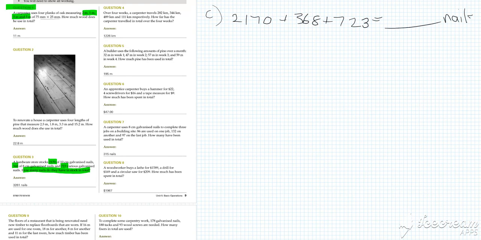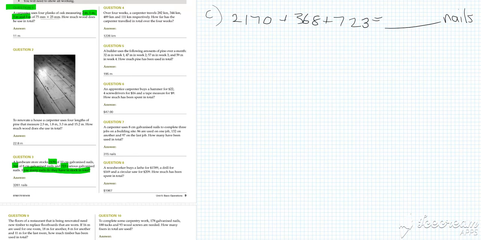They want us to figure out how many nails there are in stock, so we only add the number of the nails, not the size of the nails. So we're going to have 2,170 plus 368 plus 723, and we'll get our answer in nails.